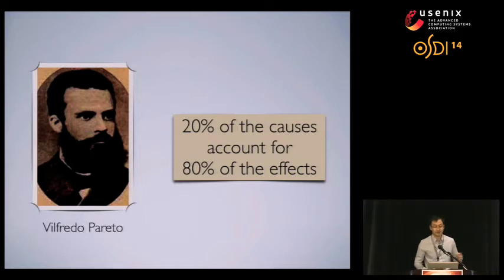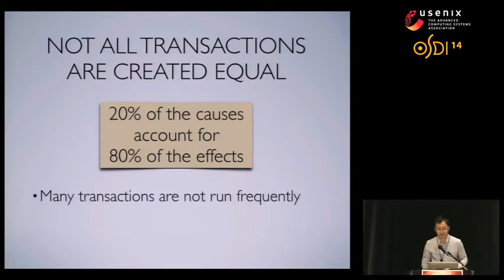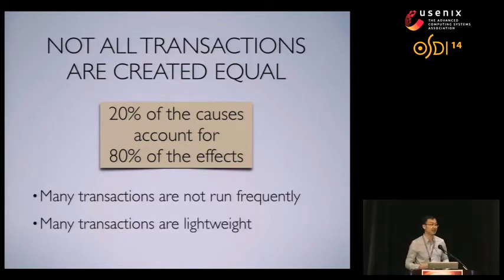We find for most applications, only a small set of transactions challenge the performance limitation of the ACID transactions. This is because, first, many transactions are not run frequently, such as many administrative transactions. Second, although some transactions run frequently, they are lightweight. They are either small or with low contention and have minimal effect on performance.